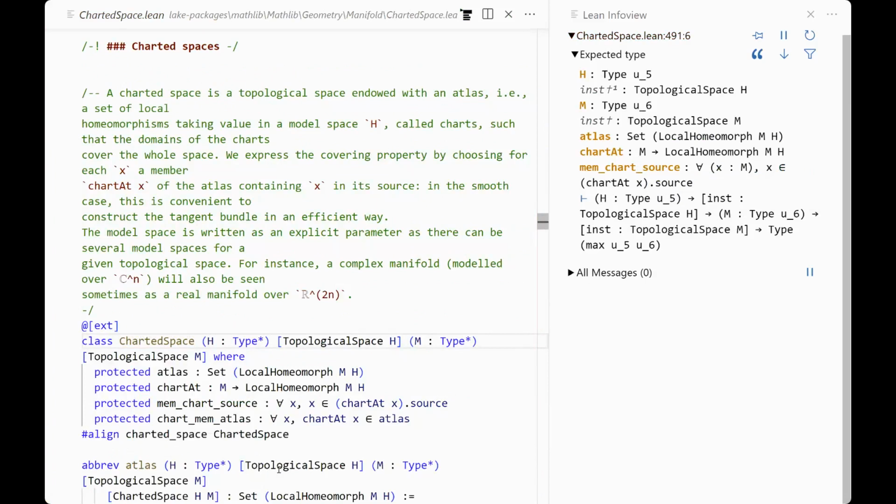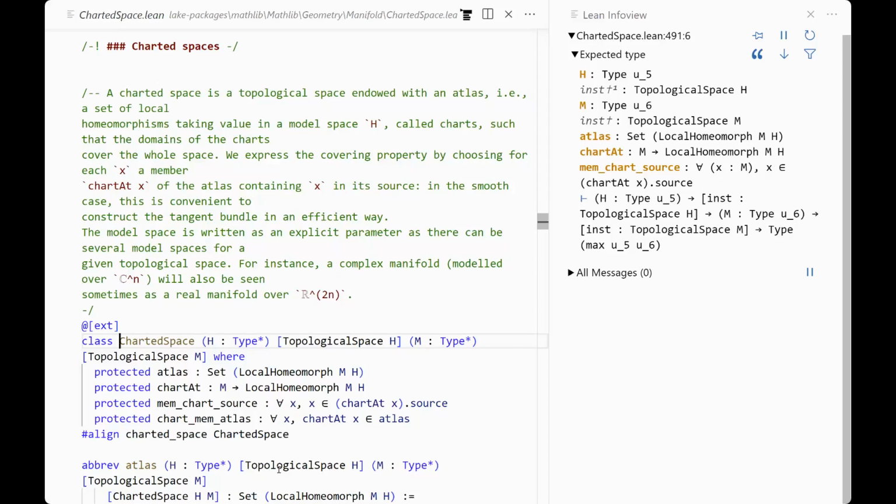And then for each point x in M we have our chart at that point, which is a local homeomorphism, and then just two predicates about these chart-ats. The first property is that the chart at x must actually contain x in its source. And the second is that the chart at x is actually in the atlas of the charts of our manifold. So that's what a charted space or topological manifold is.